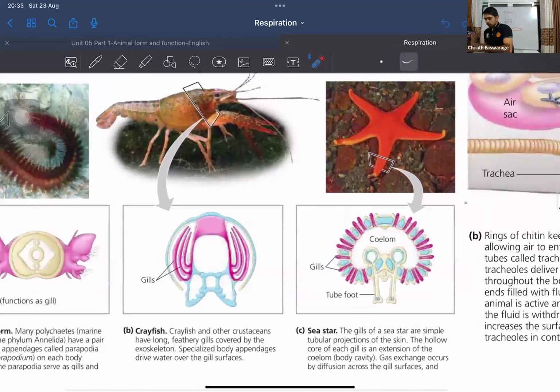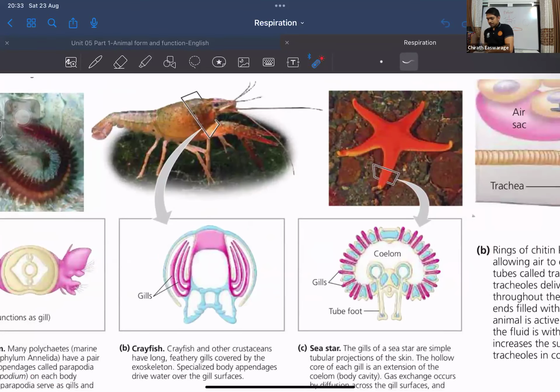Some of these marine arthropods have external gills as well, right?